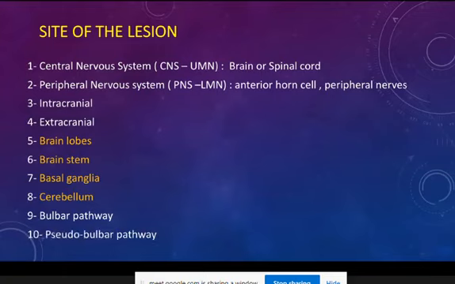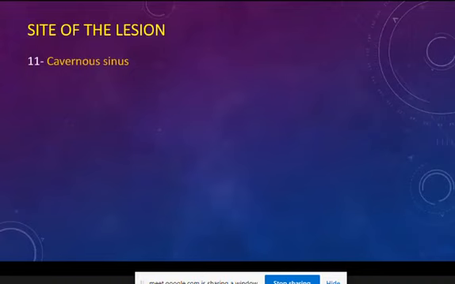And then we have the pseudobulbar pathway. And then we have the cavernous sinus. Why do you say this patient most likely has a lesion in the cavernous sinus? You come back to your neuroanatomy. We know that the cavernous sinus contains the carotid siphon, the third nerve, the fourth nerve, the sixth nerve, and the ophthalmic division and the maxillary division of the trigeminal nerve.